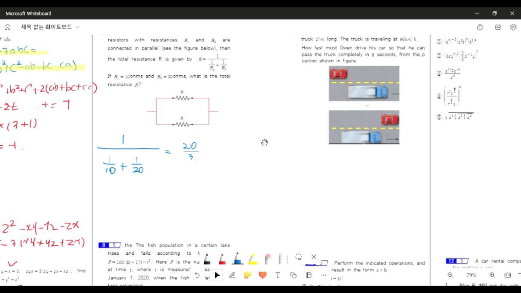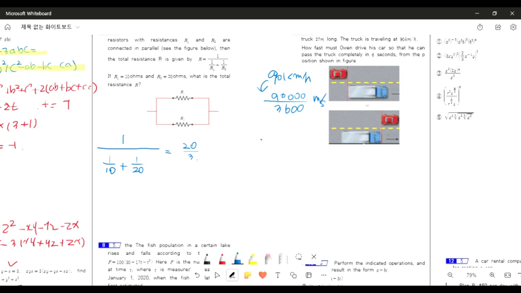Nine. So 90 kilometers per hour can be translated to 90,000 divided by 3,600 seconds, so meters per second.